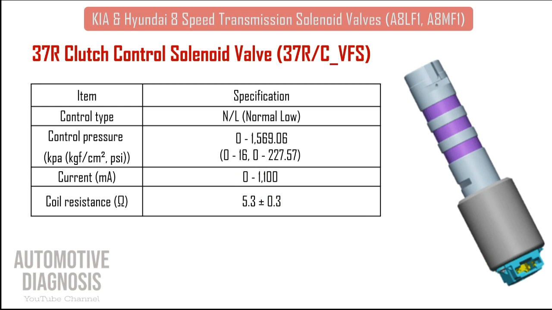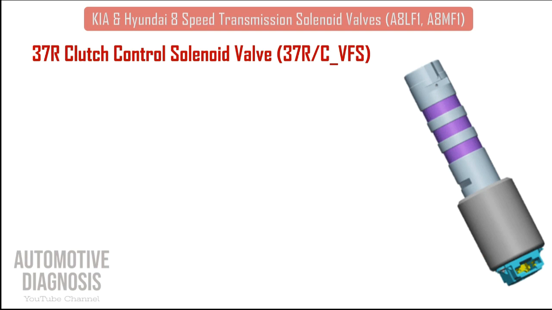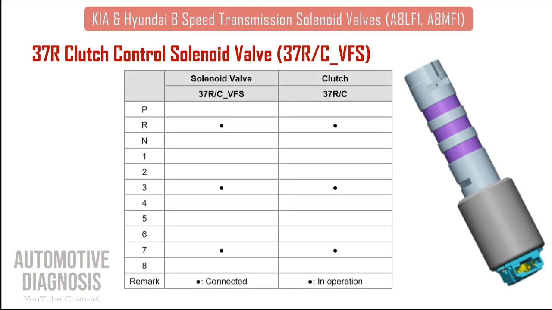We know that this solenoid valve works on gear number 3, 7, and reverse. As a result, you see on the table that the solenoid works on reverse, gear 3 and gear 7, and we have the clutch pack working on those gears.